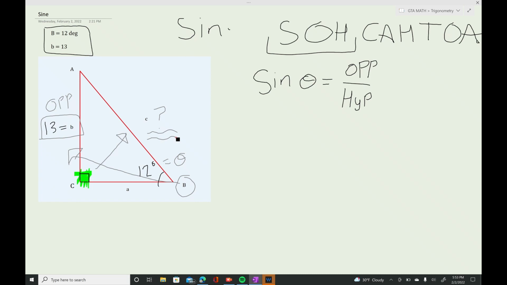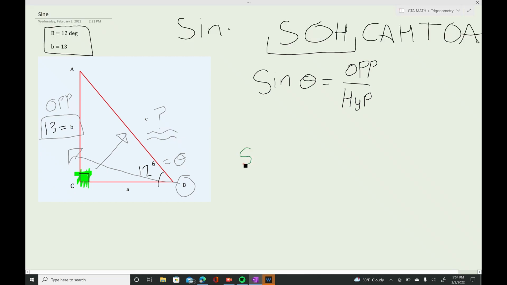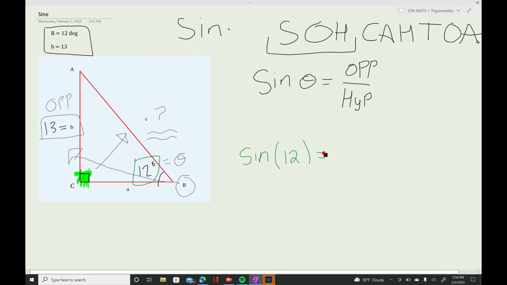So just based off the information we're given, let's plug it in, right? So we're going to write sine of 12 degrees, because that's our theta, equals our opposite, which we're going to write in gray, which is 13, all over our hypotenuse, which is C. And I'm going to actually put C in red.